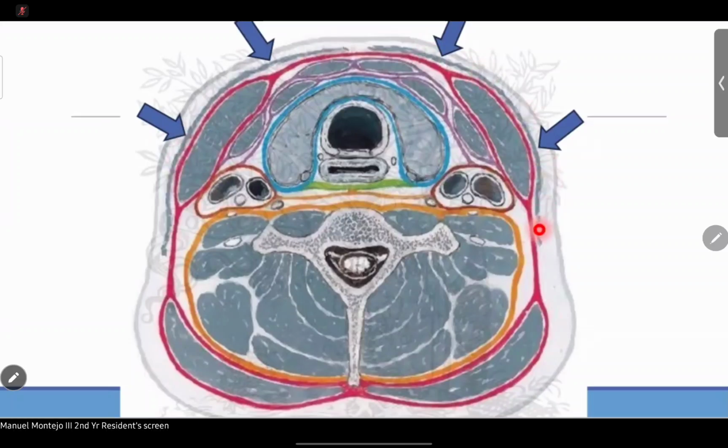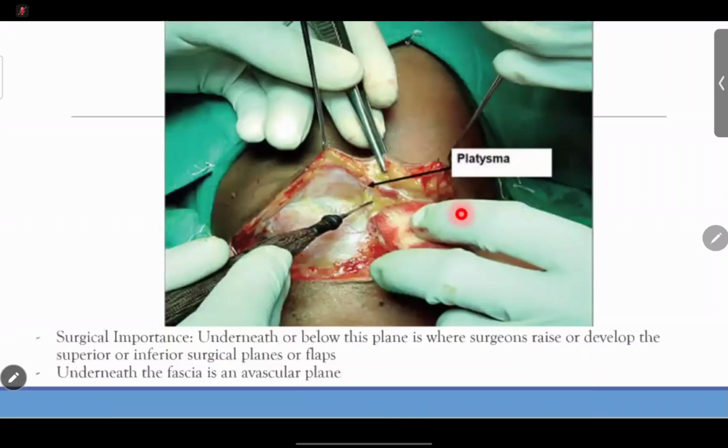Actually, knowing the platysma, or the superficial cervical fascia, is a good way to start your surgery, because usually any operation in the neck would involve raising your superior flap. This layer for sure doesn't have bleeders, since it only contains loose connective tissue.